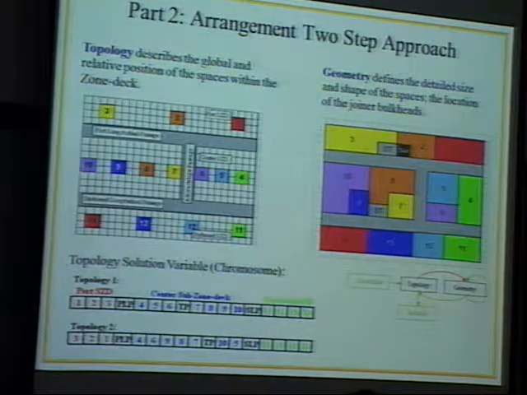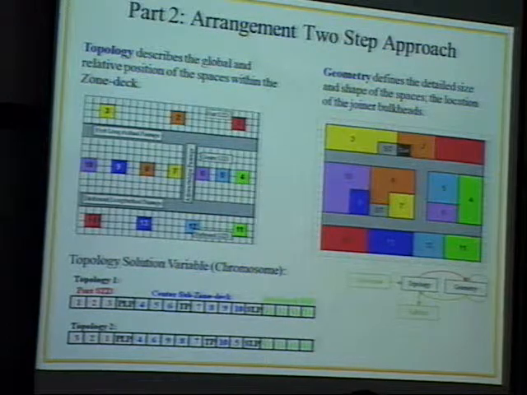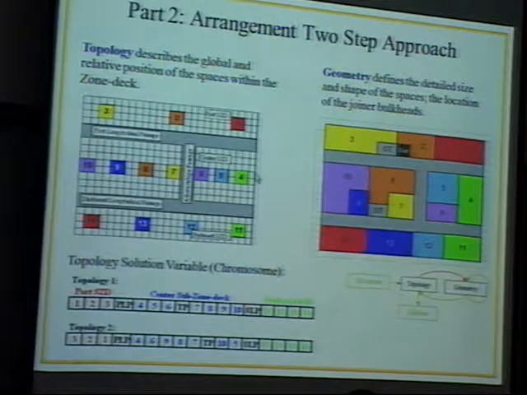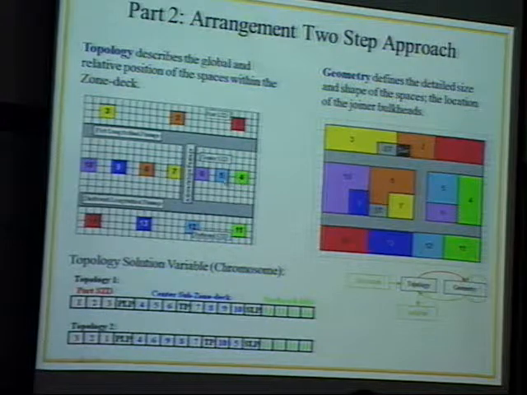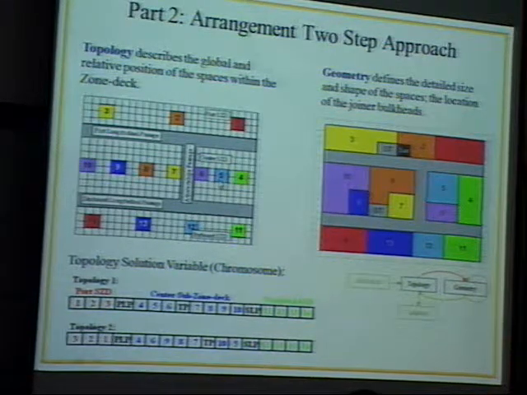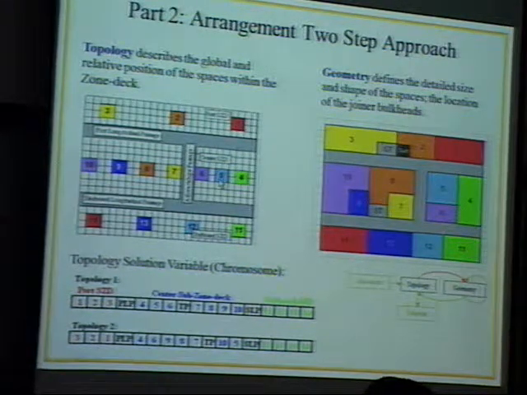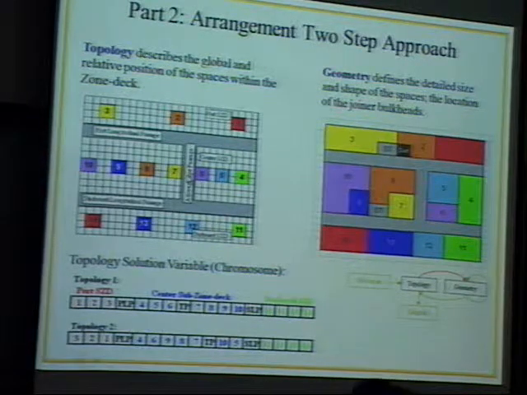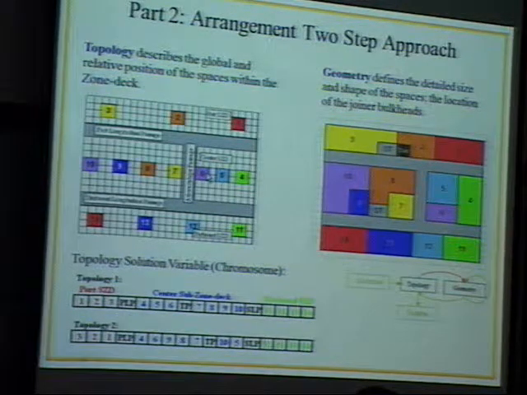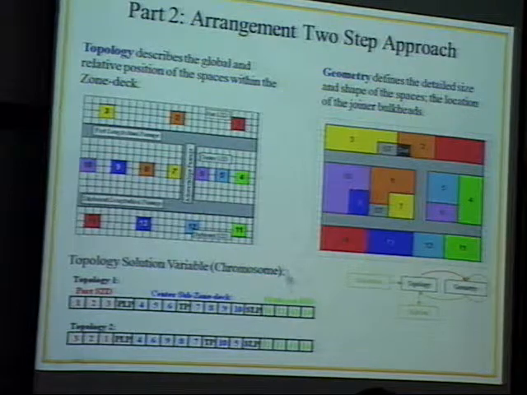If there is a conflict of interest, for example, if space number 5 wants to grow in this direction and space number 6 wants to grow in this direction, then they can collide.